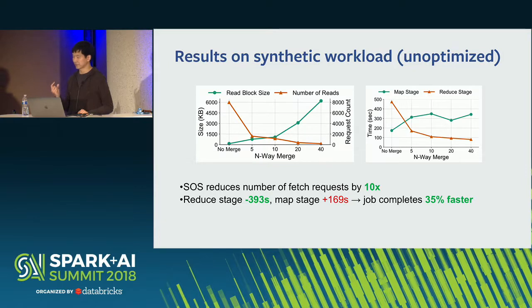The reason is we don't finish the map stage until all our merges are complete. So we have this waiting time where we're waiting for these merges to complete, and we don't start the reduce stage. Overall, in this experiment, we still see the job completes 35% faster, so it's a win. But we're a little concerned about this increase in the map stage.